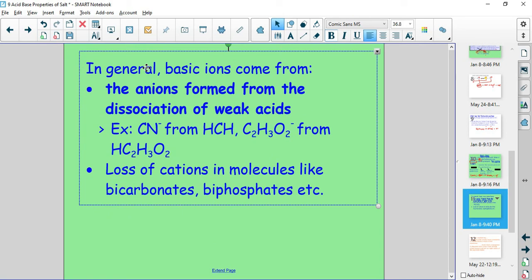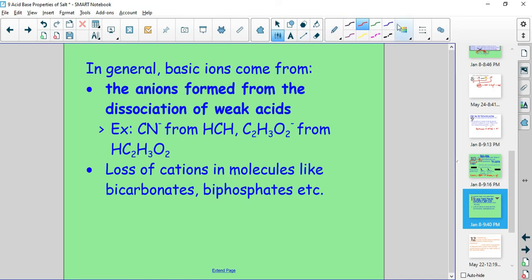Okay, so in general, basic ions come from anions formed from the dissociation of weak acids, right, such as acetic acid. Okay, and this is a mistake here. Can't seem to click on it, but it should be HCN. Okay.